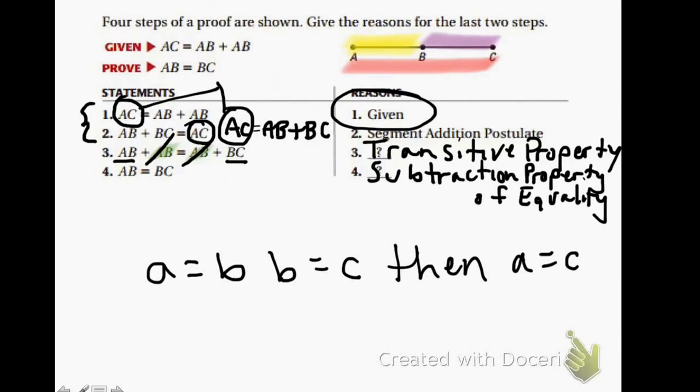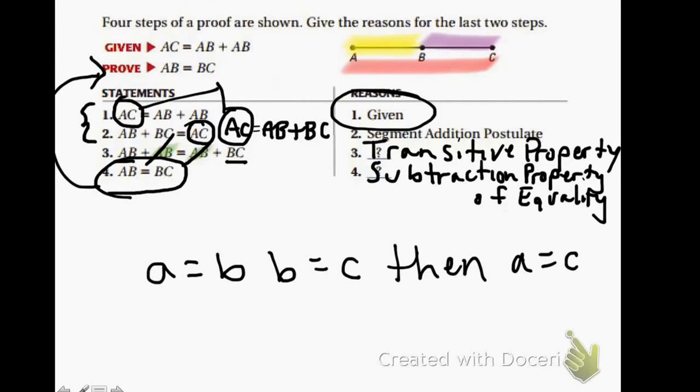And we put all that knowledge together to deduce what they're asking us to prove. The last statement will always be what they asked us to prove. Okay? First statement is always what they gave us. Last statement is always what they asked us to prove.